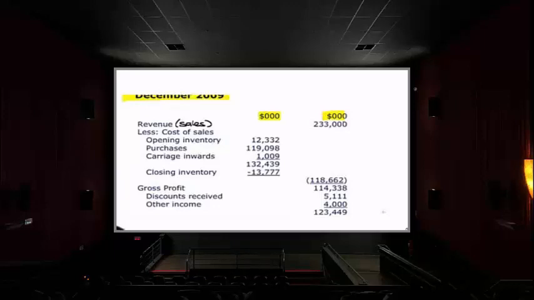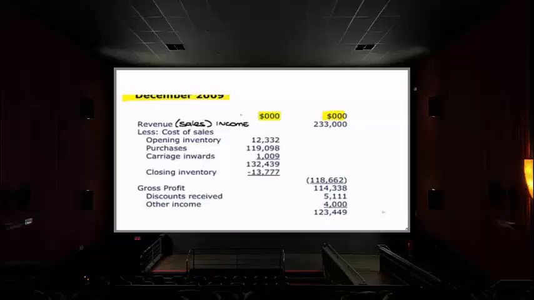Okay, so your sales revenue. Sales revenue is income to the business. It's money coming in. Okay, and remember we said a statement of comprehensive income shows all the income less all the expenses or costs out of the business.